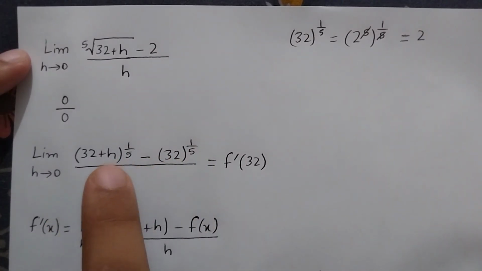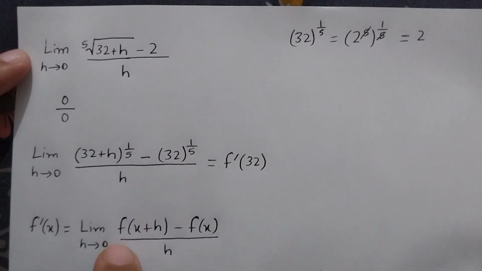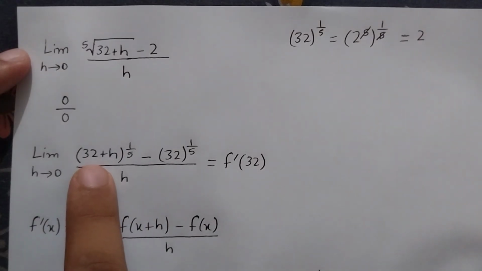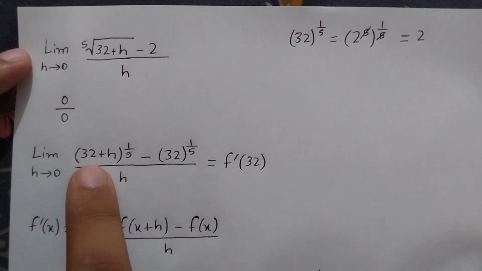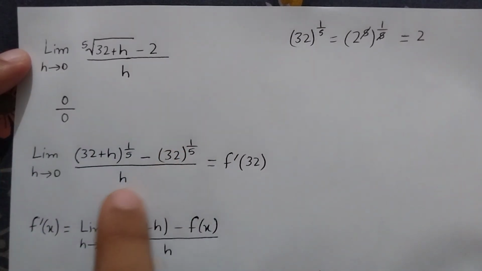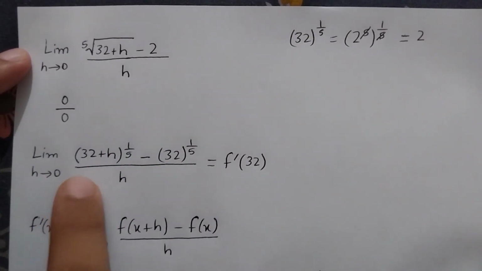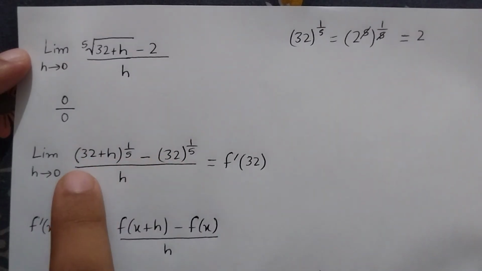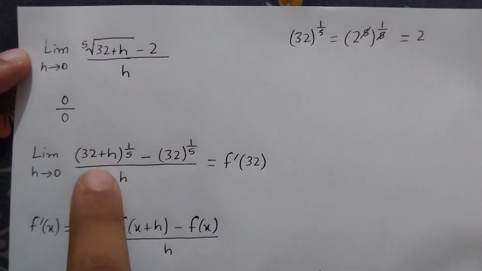So this is very similar to this limit. The only difference is that in place of x we have written 32. So this is not f dash of x, it is f dash of 32.